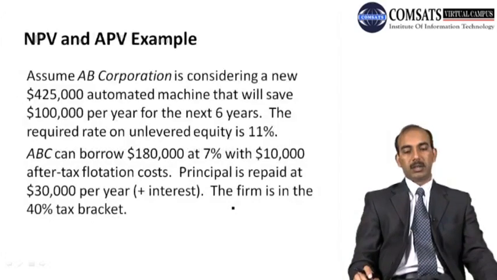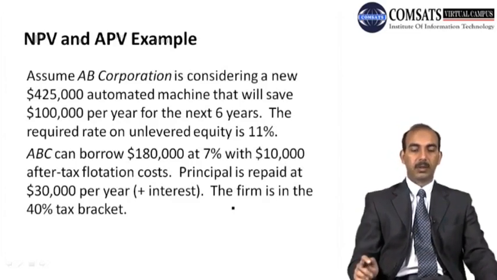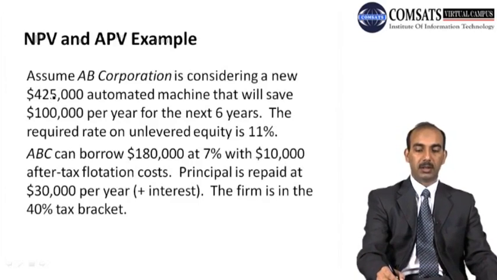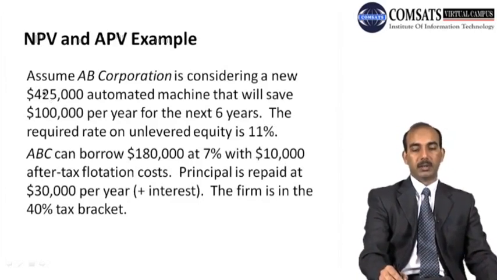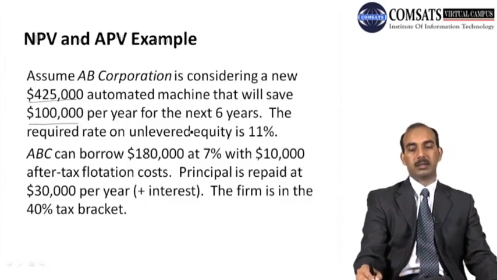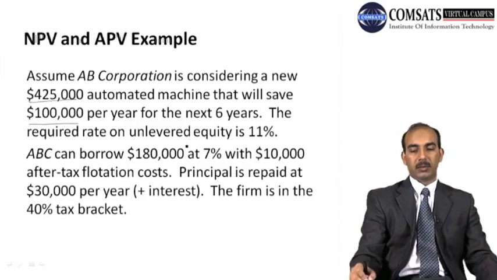So the example for the adjusted present value is, assume AB Corporation is considering a new $425,000 automated machine which will save the firm $100 per year for the next 6 years. The required rate of return on unlevered equity is 11%.